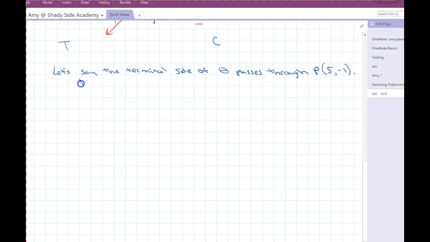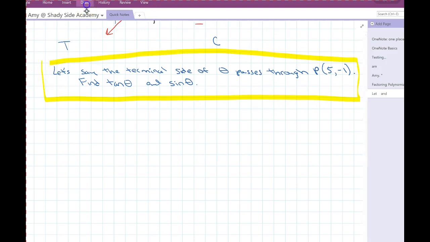I'm going to say here, find the tangent of theta and the sine of theta. So a slightly different kind of question here. Let's highlight that too.